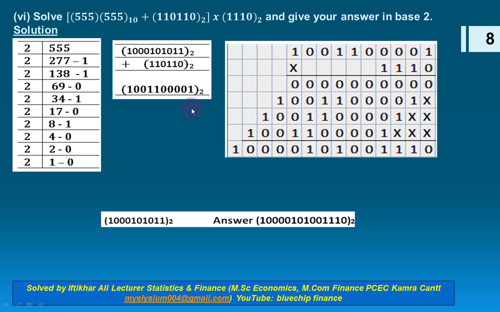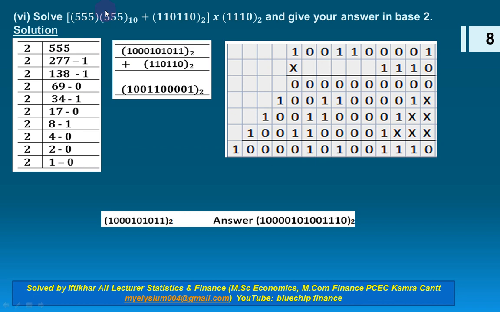So first of all, we convert this decimal to binary, and this is the simple way to calculate the binary of a decimal: 1000101011.